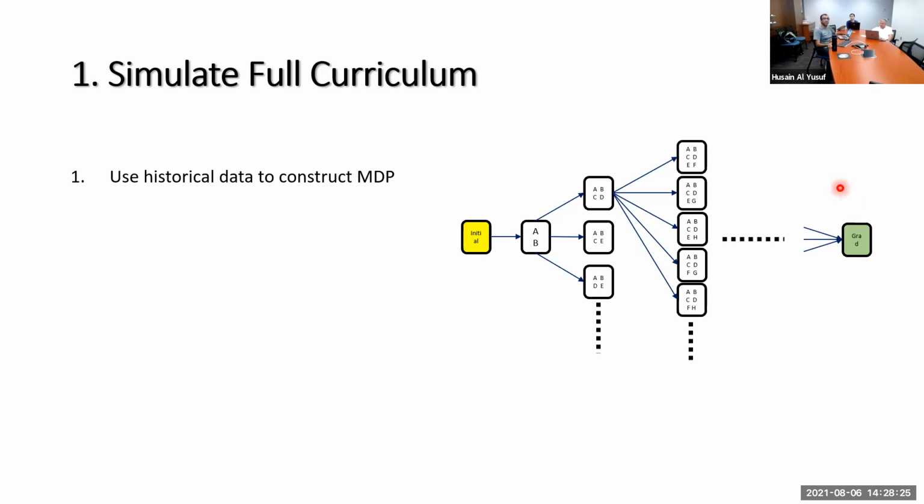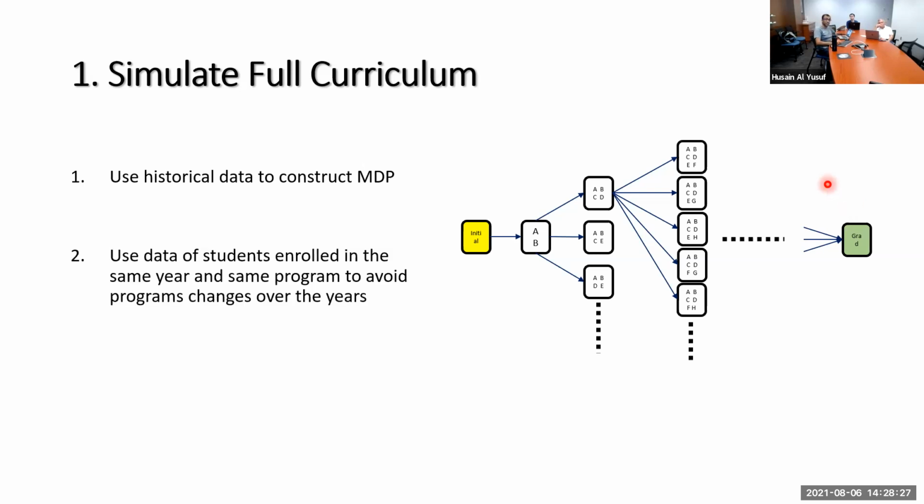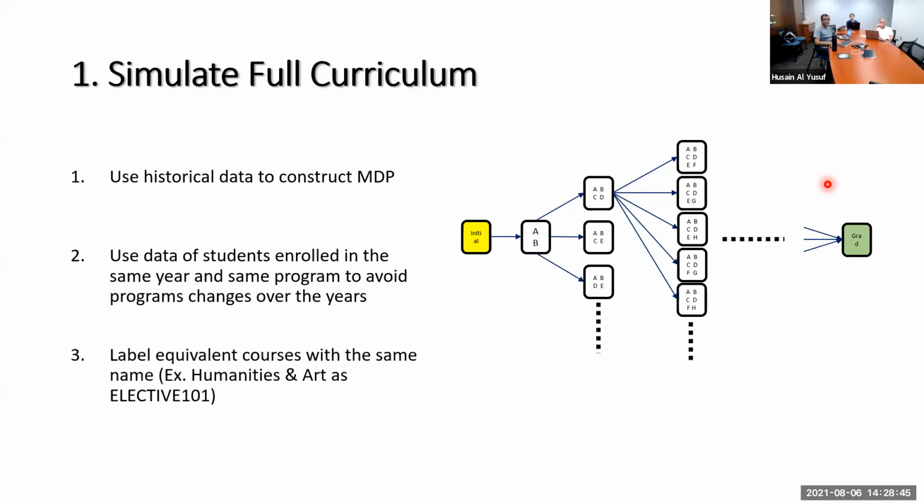So we'll have a lower number of states. We suggest also to restrict this data to 1 year, maximum 2 years, to avoid changes in programs and curriculums, so we don't have a crazy number of states. And we hope we get a good result.